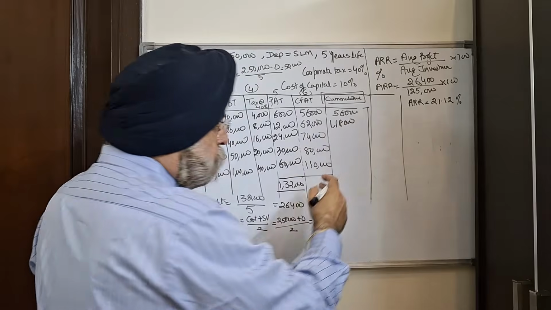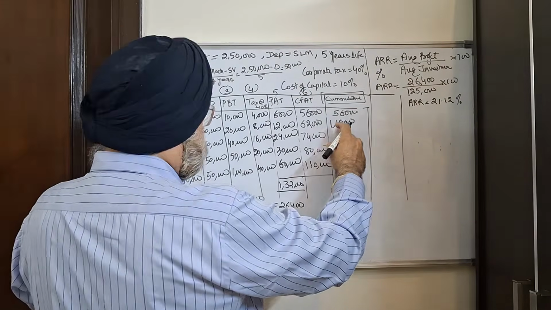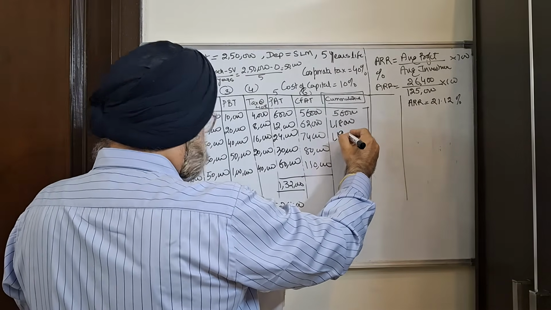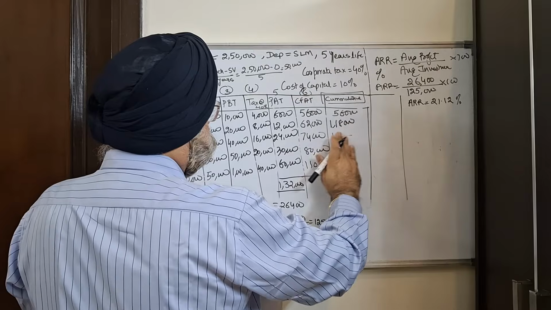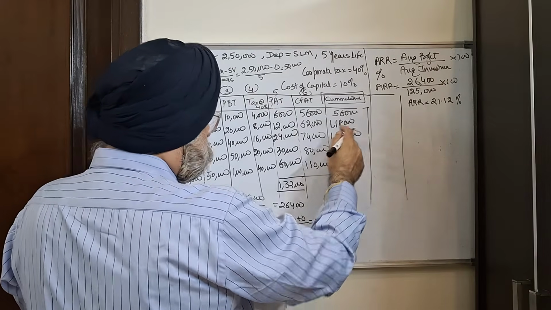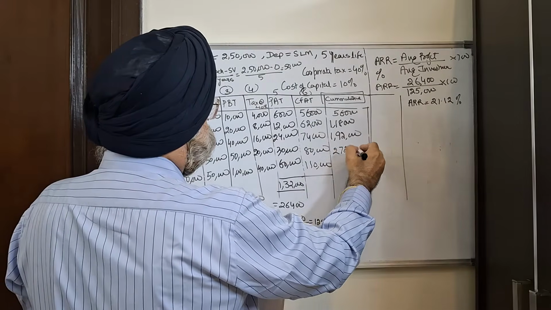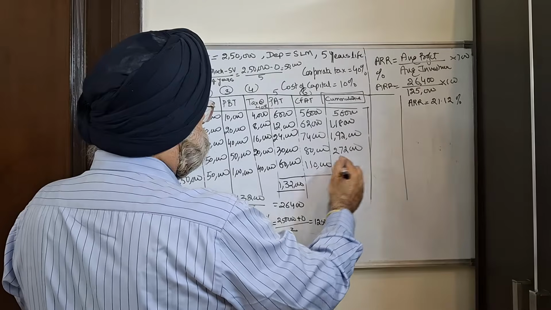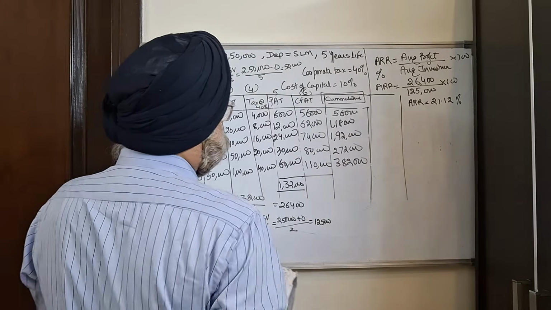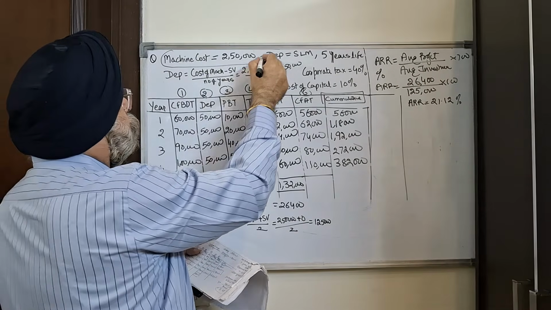Because the cash flows are unequal, we will go for the second formula. 1,18,000 plus 74,000 amounts to 1,92,000. 1,92,000 plus 80,000 cumulative is 2,72,000. Plus 1,10,000, which amounts to 3,82,000.